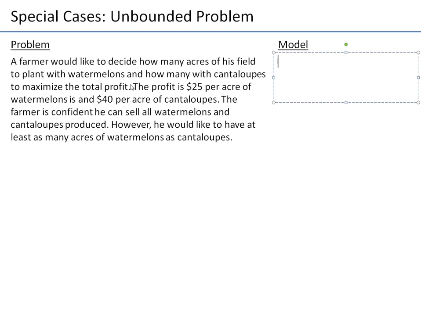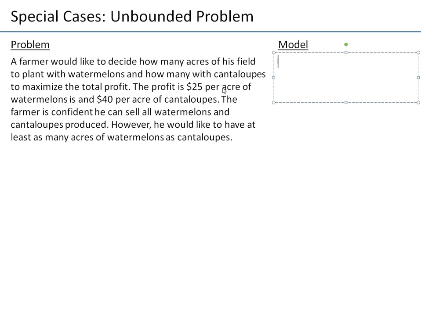In this example problem, a farmer would like to plant watermelons and cantaloupes on his field in such a way that he maximizes the total profit. So again, the problem is of a similar type. He knows how much profit he gets for each acre of field that he plants with watermelons, and the same for each acre planted with cantaloupes. So notice that the unit of measurement here is acre.